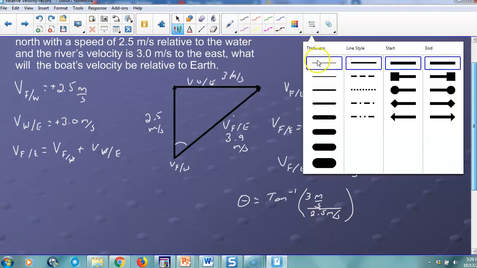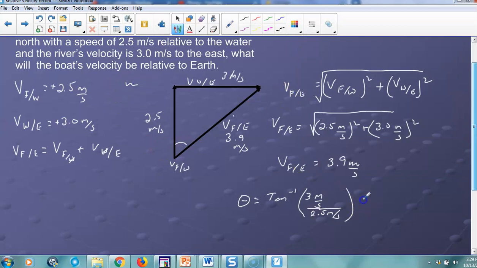And that's going to give a theta equal to 50.2 degrees. Since we're relative to the north, this is going to be our coordinate axis that we're measuring the angle from. We're at 50.2 degrees east of north.